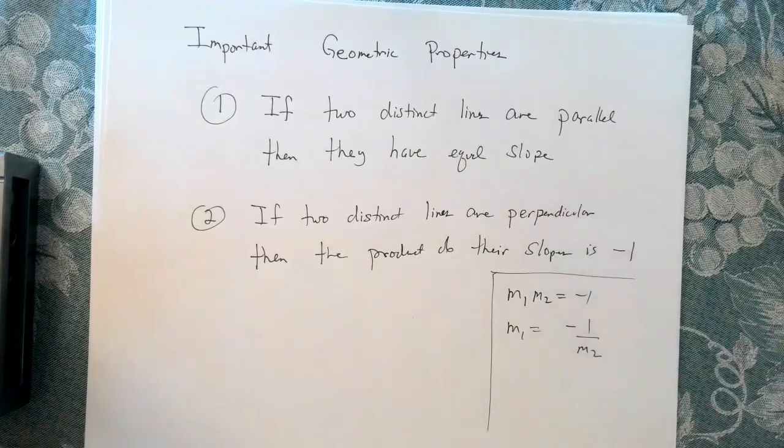So let's prove the first property. If two lines are parallel, then they have equal slopes.